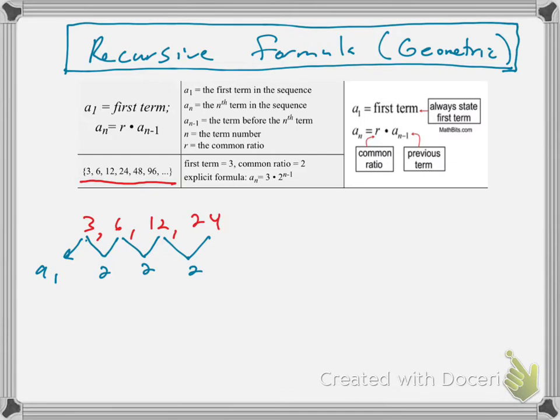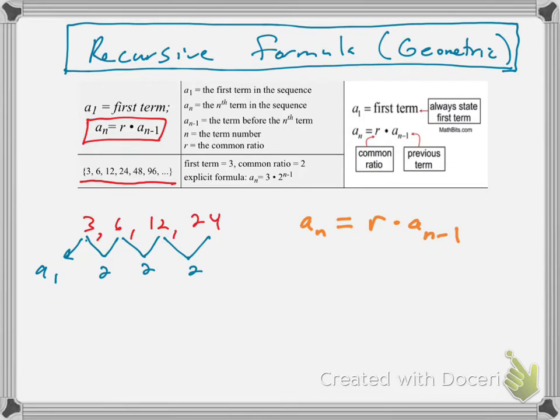And so the way that we build the formula is we take any given term, AN, and we're going to take that common ratio and multiply it by the term right before it.